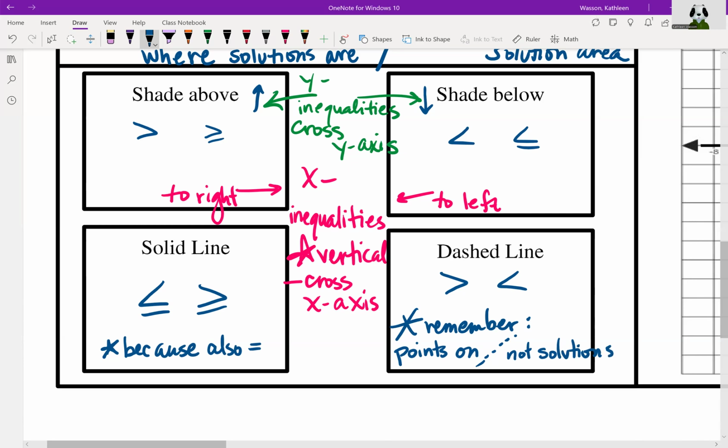They're not included. It's like an open circle. I say that because we'll also describe domain and range for these.